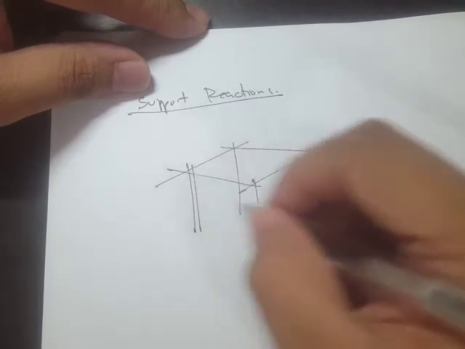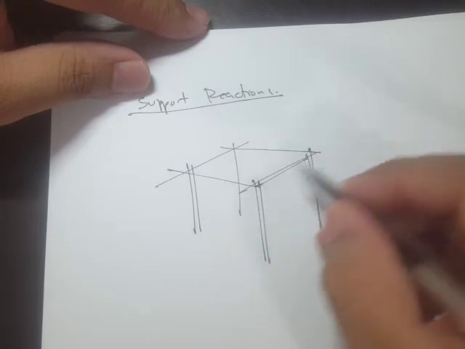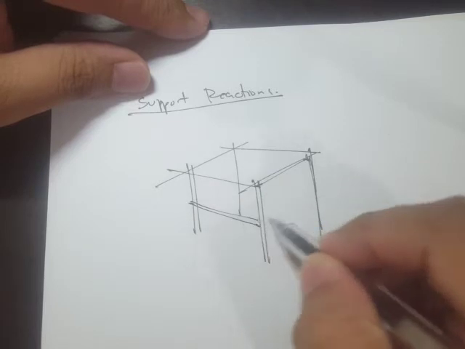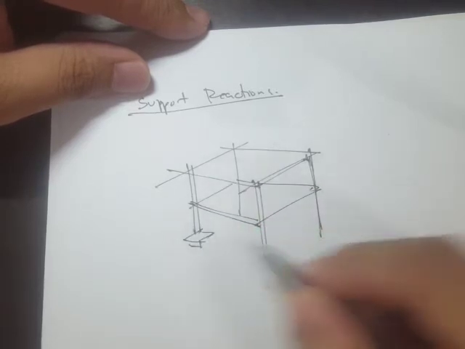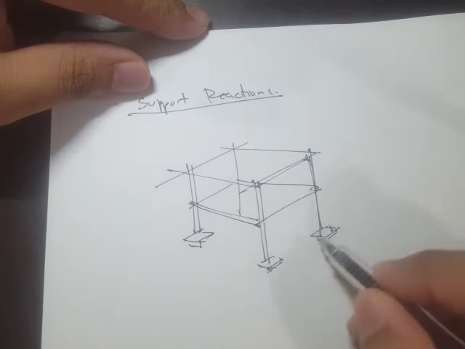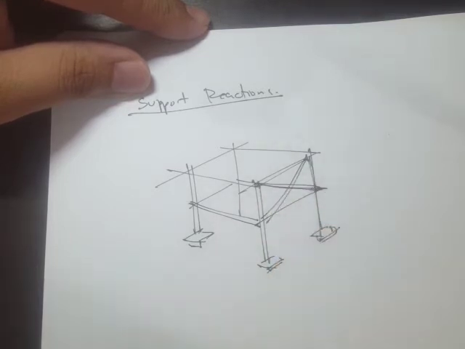When I say frame building, it's just composed of frames. So let's say we have beams and columns, and then another beam, for example. Let's say we have footing, and also if we want to put braces, cross braces, and things like that.